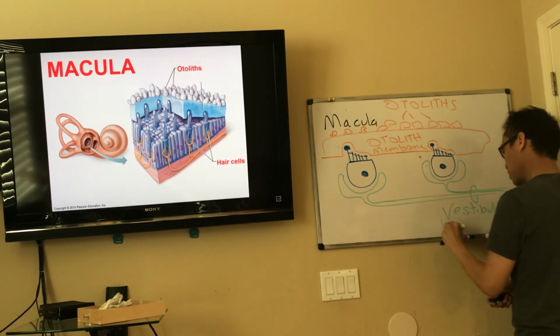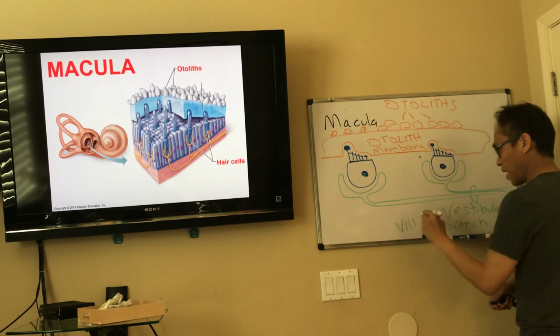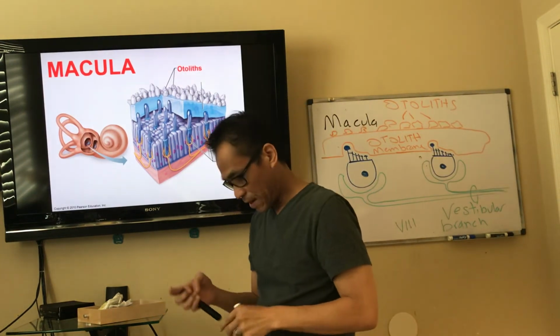Vestibular branch, VIII, that's cranial nerve 8. So that's how you stimulate the hair cells there.